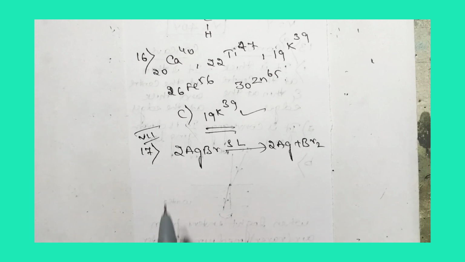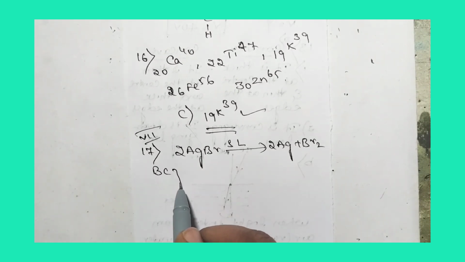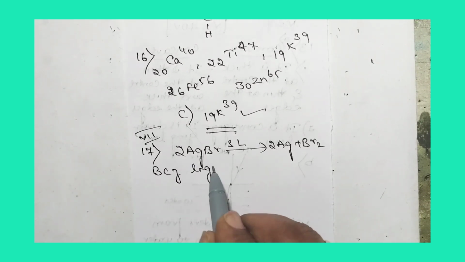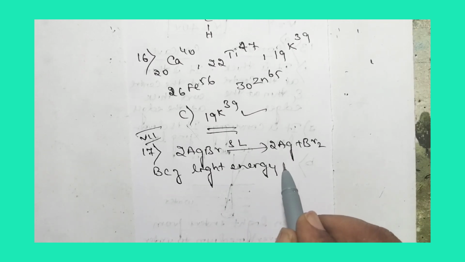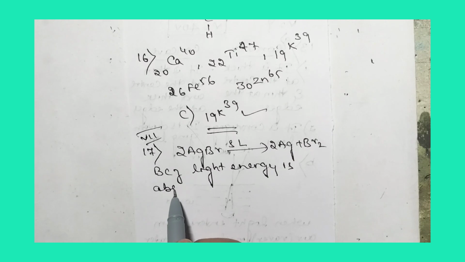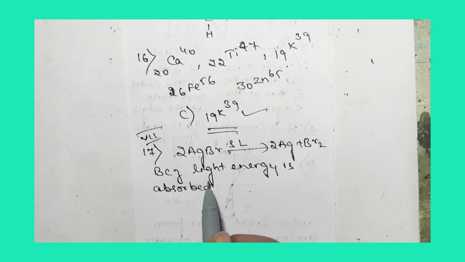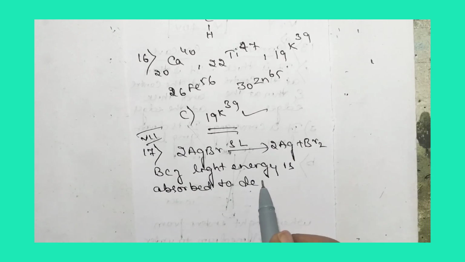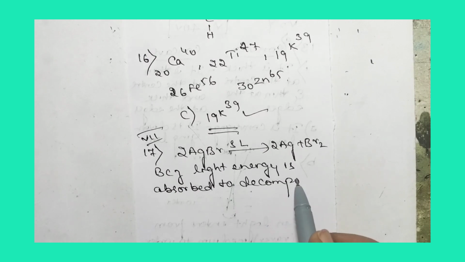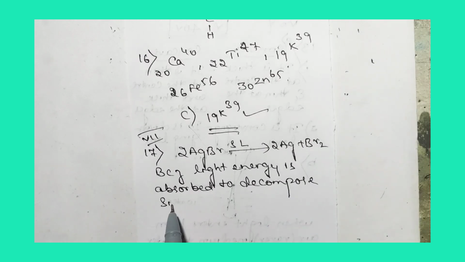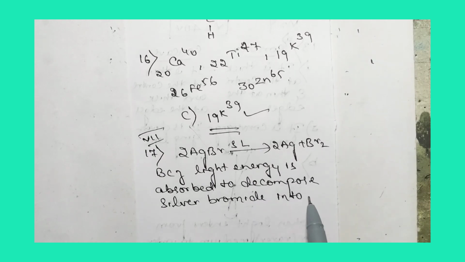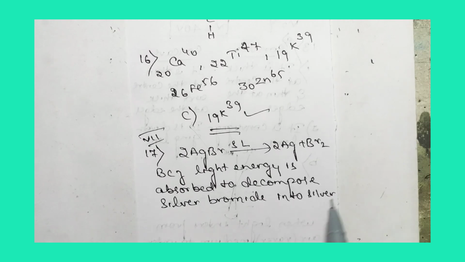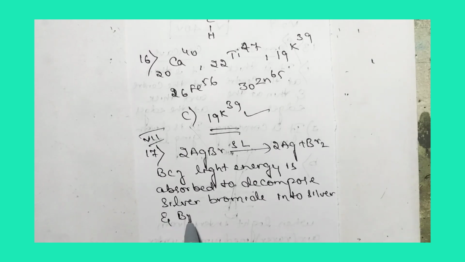Why? Because light energy, that is sunlight energy, is absorbed to decompose silver bromide into silver and bromine.